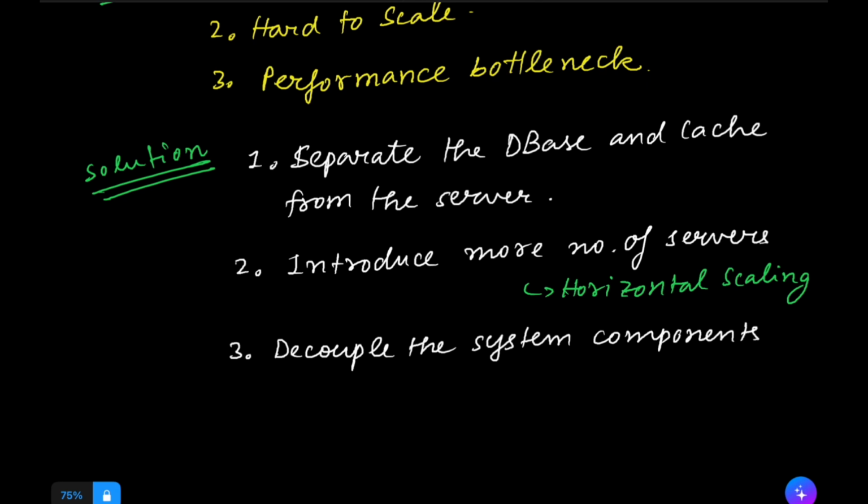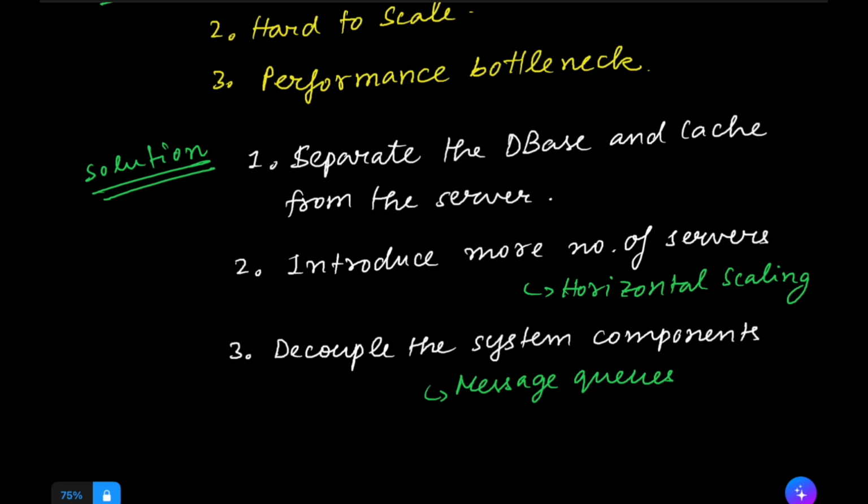We can introduce message queues and push notifications into these queues, which in turn are used by the workers to pop out the messages from that queue and send them to the third party services, which in turn handle the delivery of notification to the end user. So by introducing these components, we can reduce the load on the notification system server and thereby improve the performance of our notification system design.